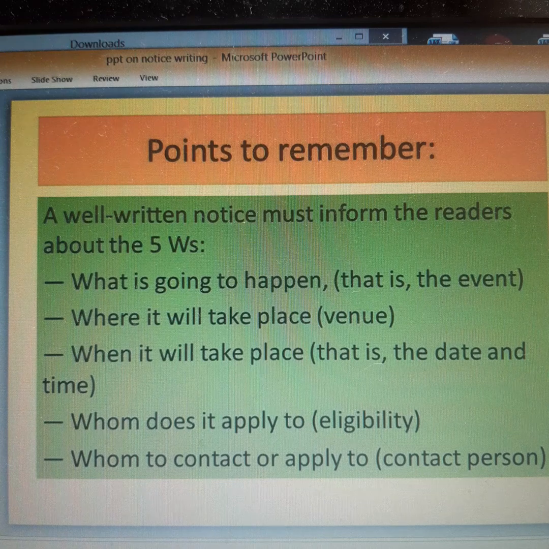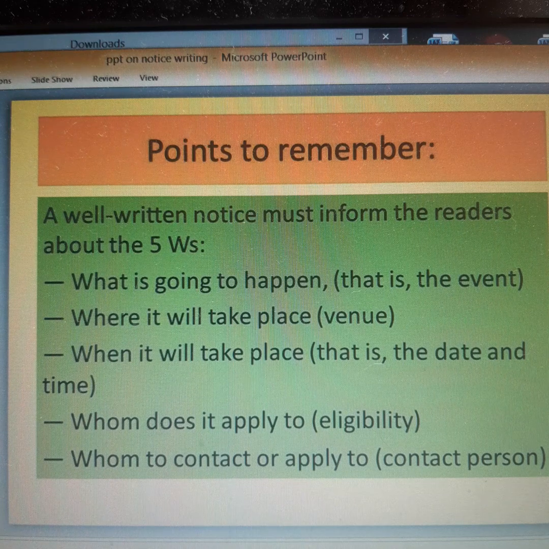Where will it take place? The venue. For example, if it's a tree plantation drive, so the event is the tree plantation drive on occasion of World Environment Day. Where will it take place? In the school lawns. Okay. And when will it take place? On the 5th of June.